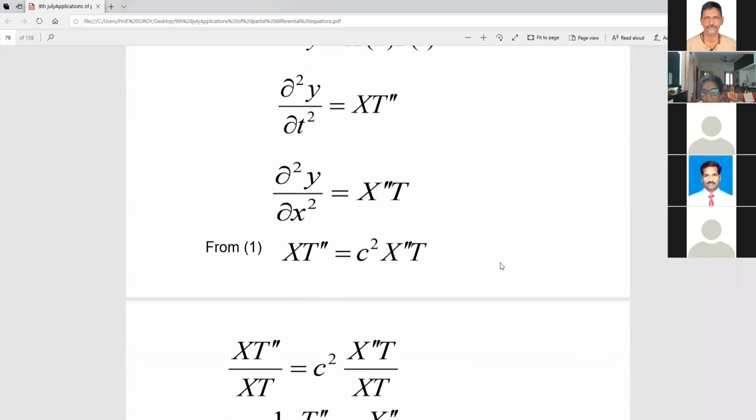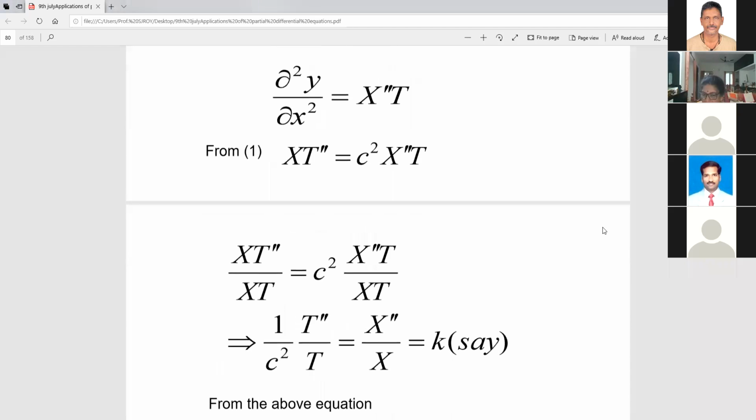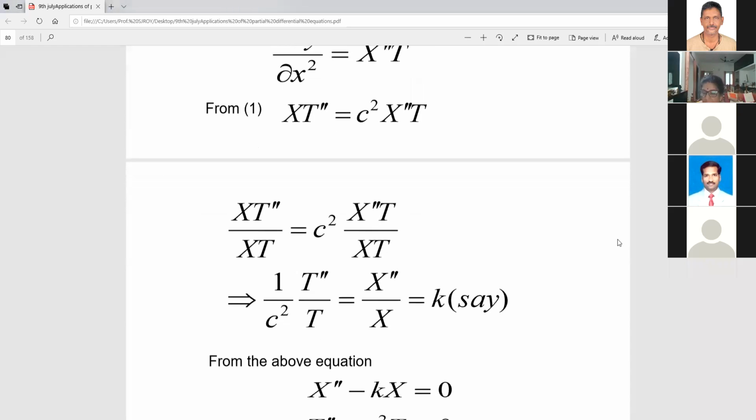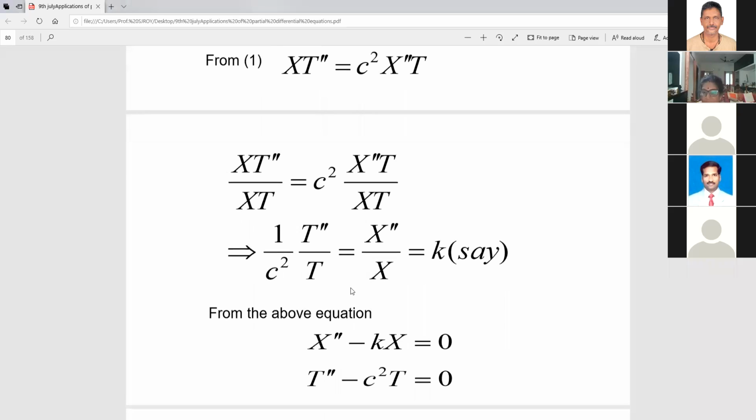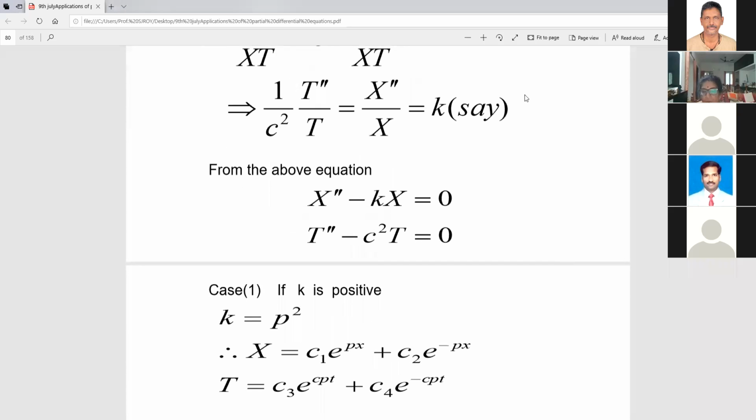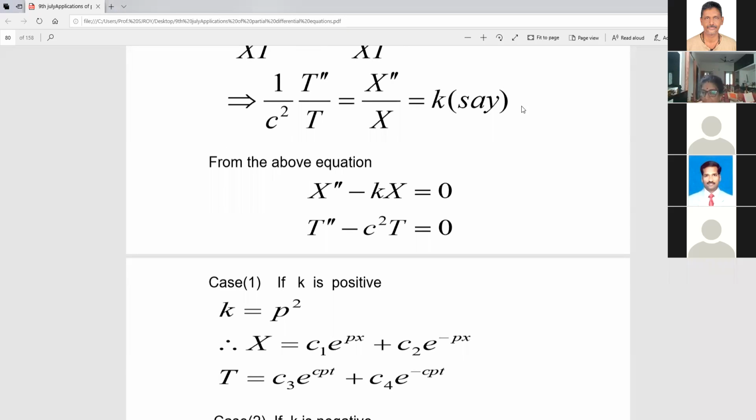Substitute back in the equation and divide by XT, and we'll be getting one equation. Completely we are separating the t variable and x variable. Of course, we are getting it in terms of some ODEs. So instead of PDEs, we are getting ODEs here. Now separately take this and separately take this and solve, and we'll be getting the solutions. Of course, k is just a random parameter.